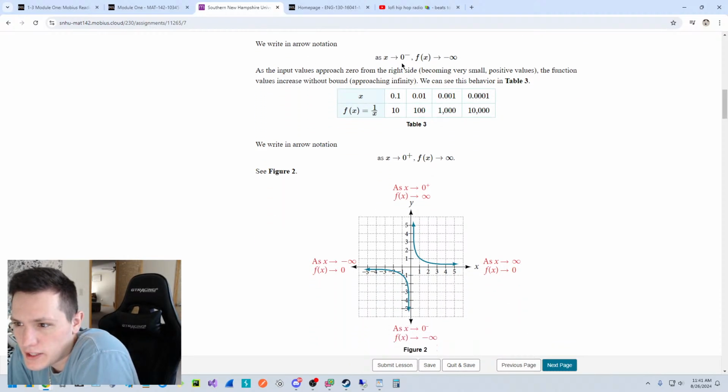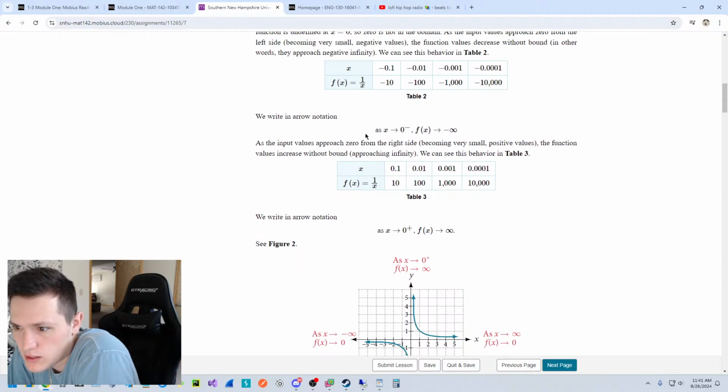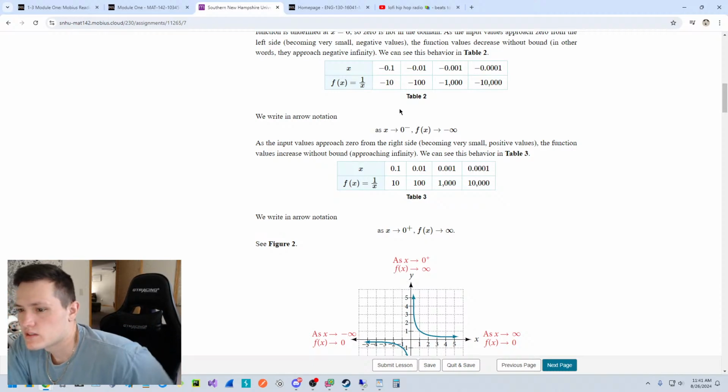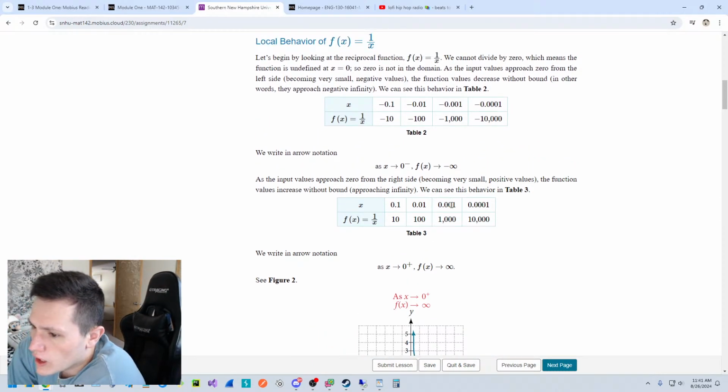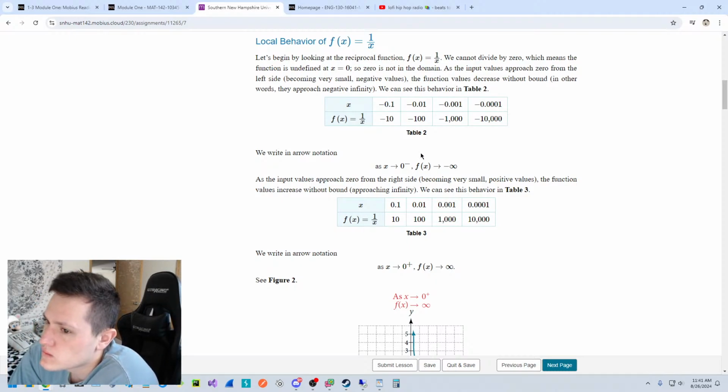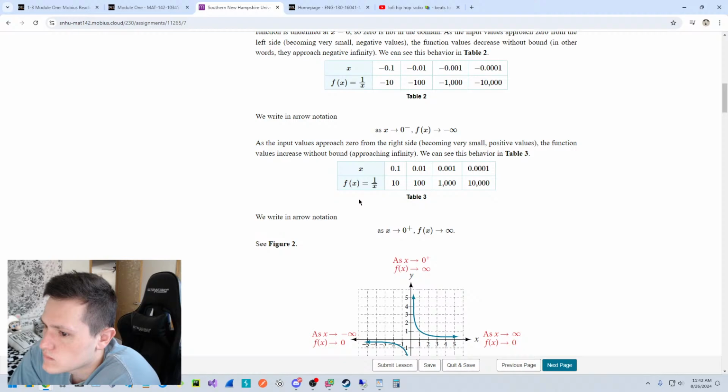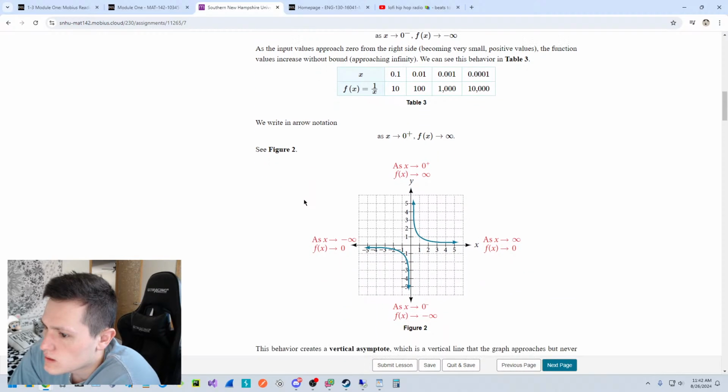I think I just haven't read enough to actually understand it yet. So as x approaches negative 0, f of x is approaching negative infinity. Oh, hell no.